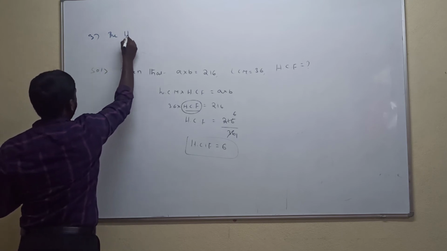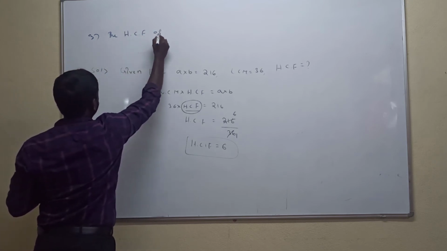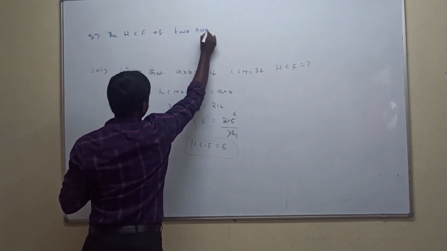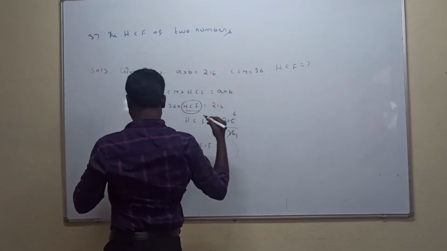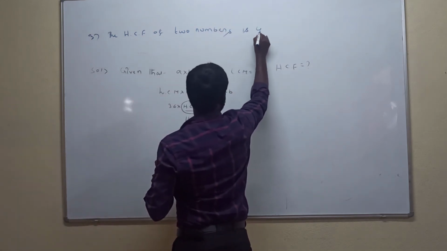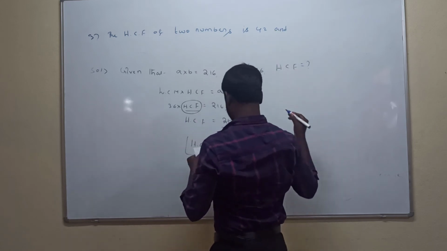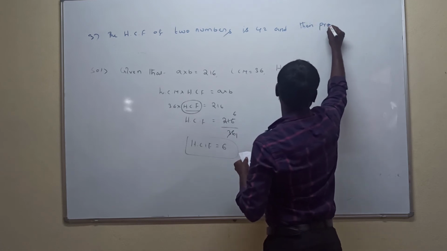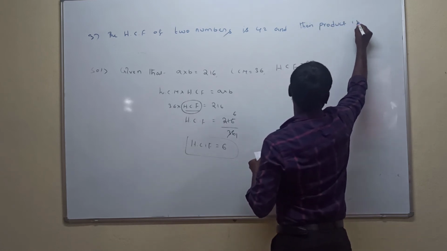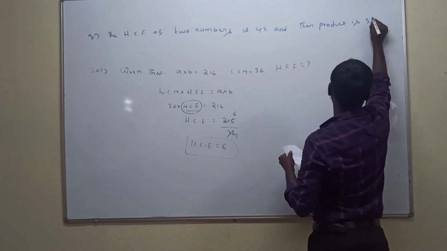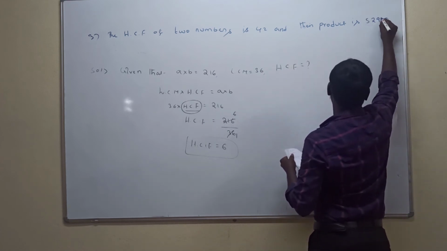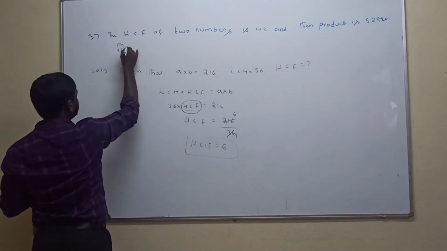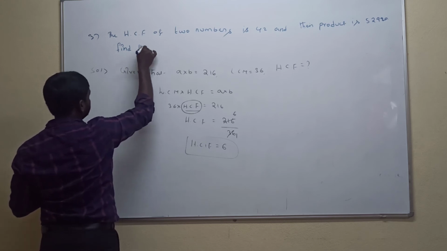The HCF of two numbers is 42 and their product is 52920. Find their LCM.